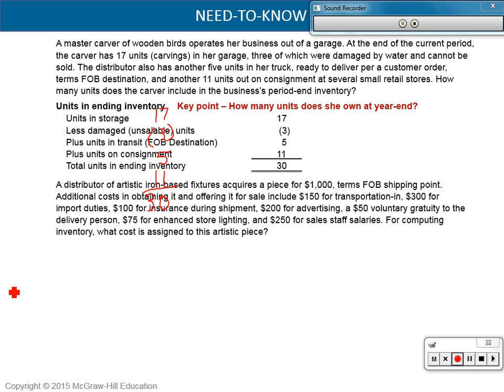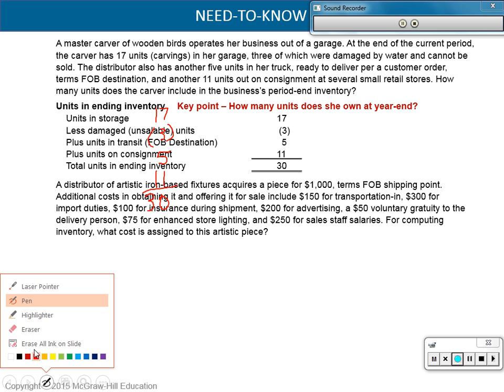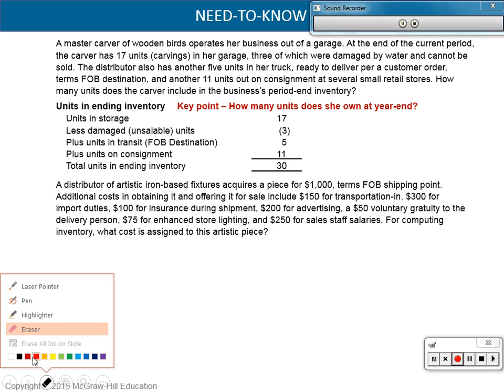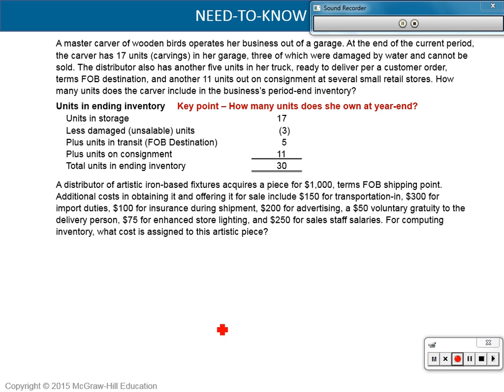This is saying now that they want to acquire this piece for $1,000, FOB shipping point, and the additional cost to obtain it and offer it for sale includes $150 transportation in, $300 for import duties, $100 for insurance during shipment, $200 for advertising, $50 for gratuity for the delivery person, $75 for the store lighting, $250 for sales staff salary.